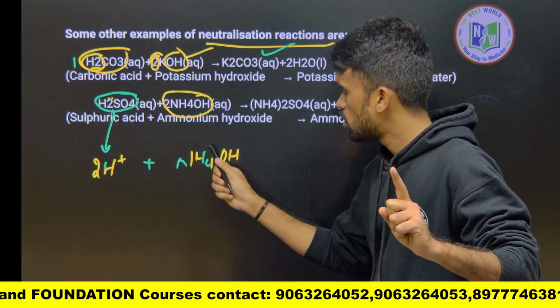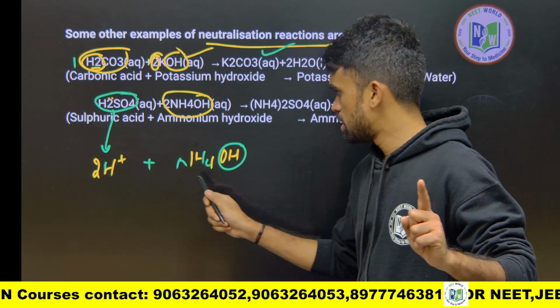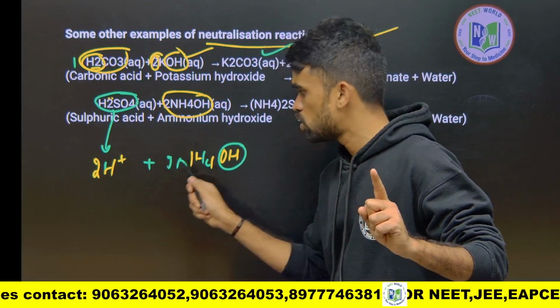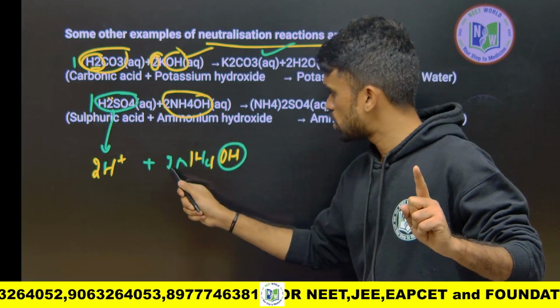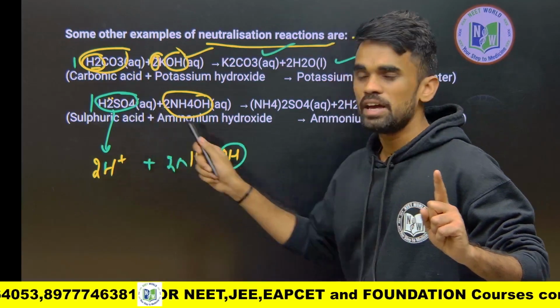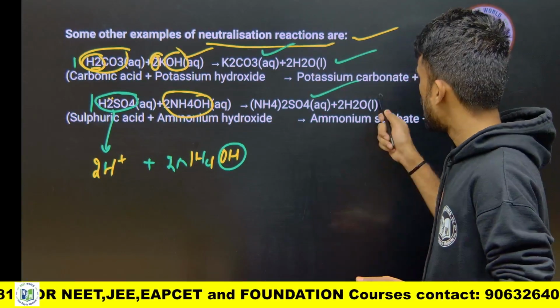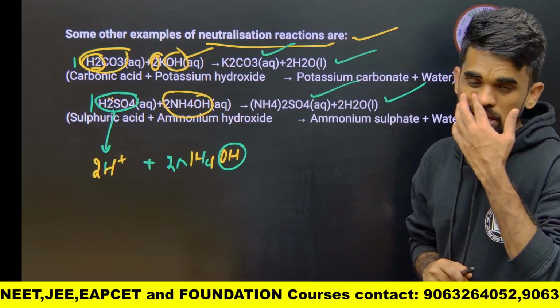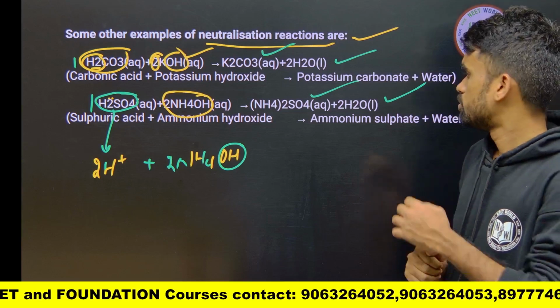One NH4OH has only one OH minus ion to release. Therefore, for 2 H plus ions, for each 1 mole of sulfuric acid, we require 2 moles of ammonium hydroxide. It will be completely neutralized like this, forming ammonium sulfate, and H2O is formed. Hope it is clear how we are writing these equations.